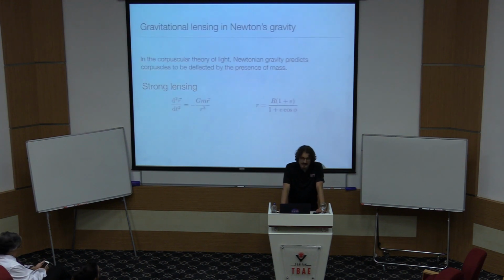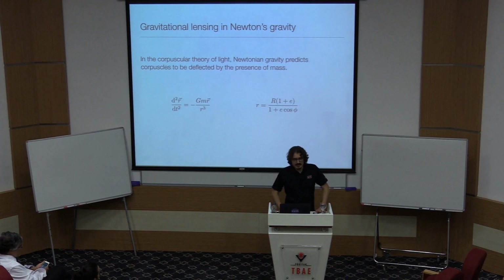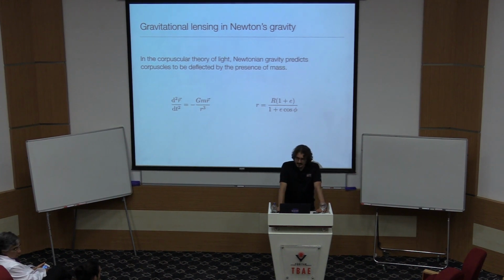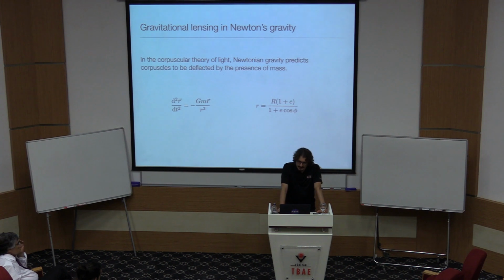So first, strong lensing. If you go back to the Newtonian theory of gravitation, and take Newton's theory at face value, in addition to the gravitational theory, also think about the corpuscular theory of light. So those two together at the same time.